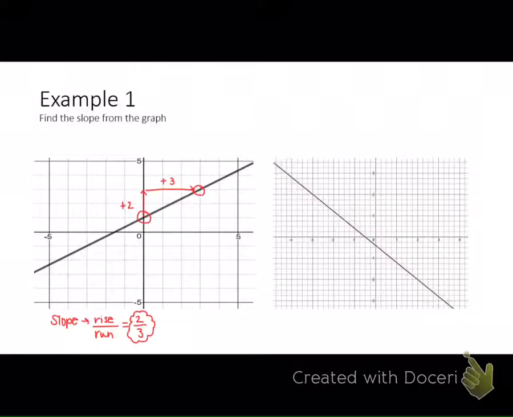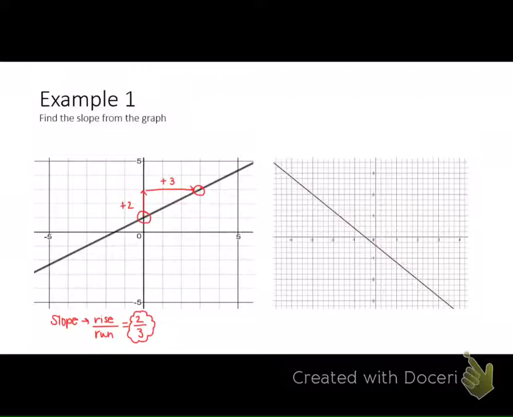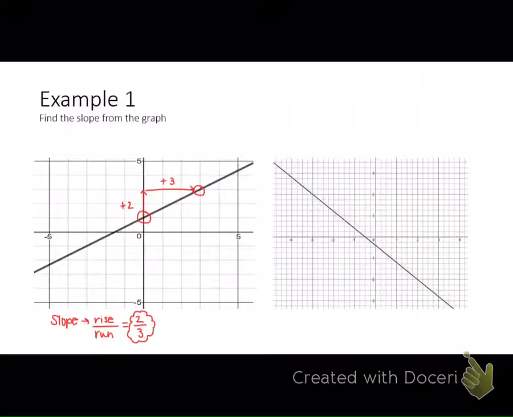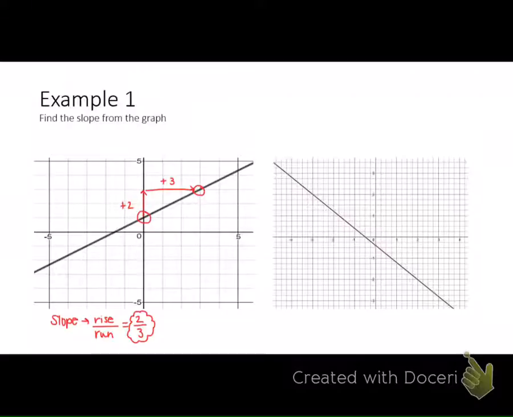All right, again, we have to find 2 points. Connor, give me a point I can use to find my slope, an exact point.